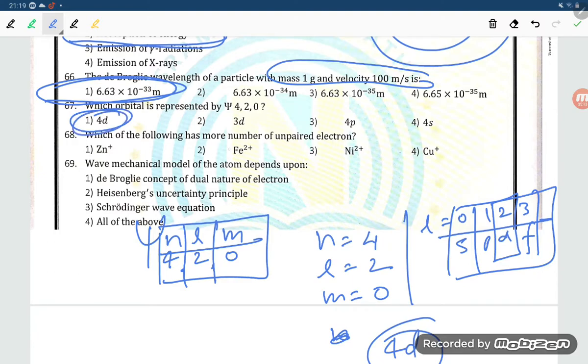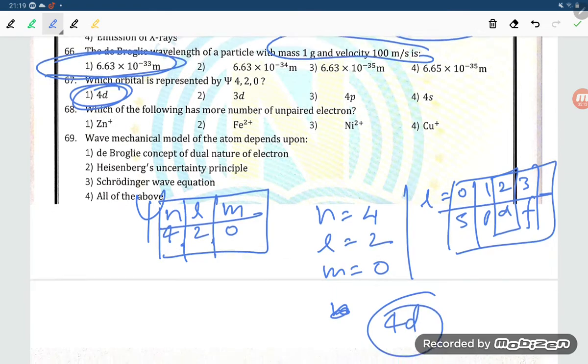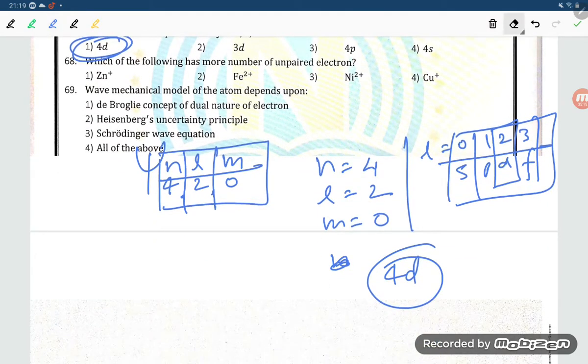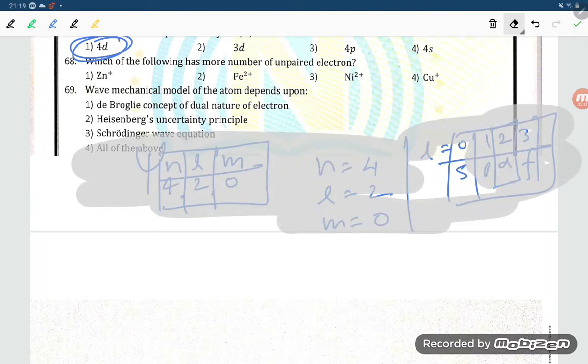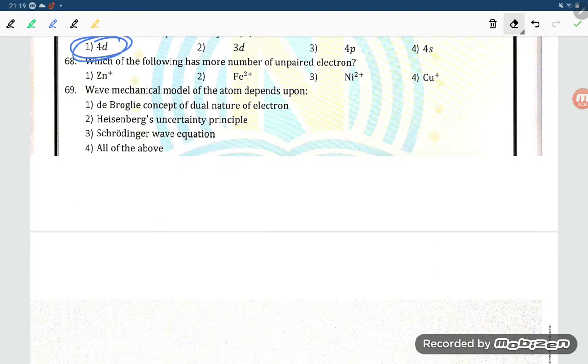Next one: which of the following has more number of unpaired electrons, student? Question number 68 is a very easy problem.